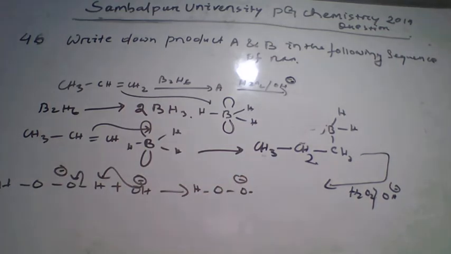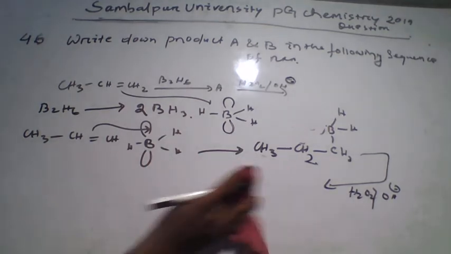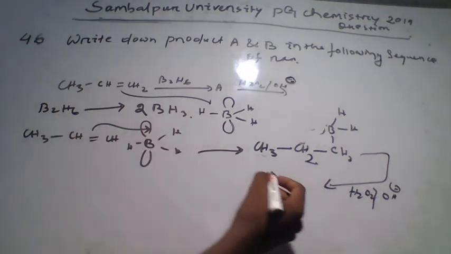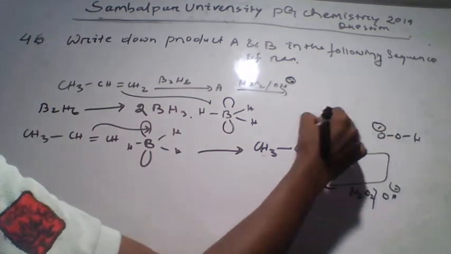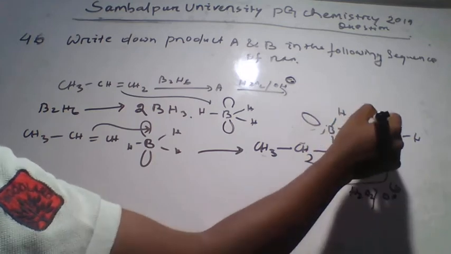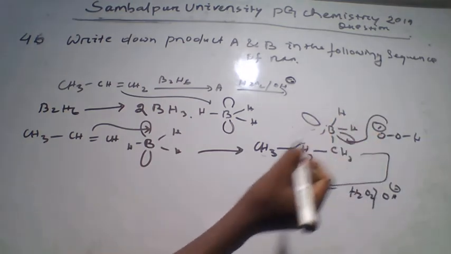This peroxide attacks where? It attacks this boron center, because boron is Lewis acidic.